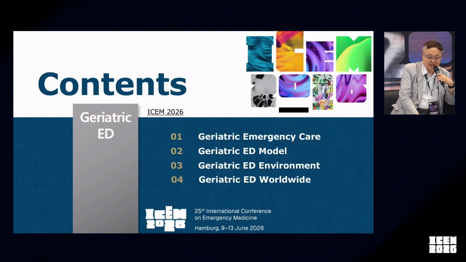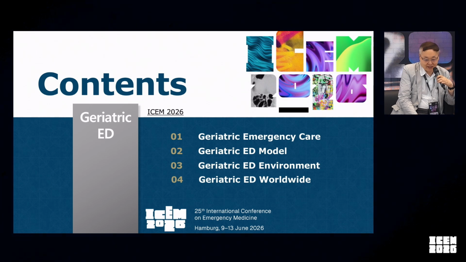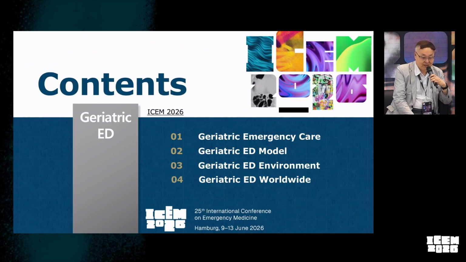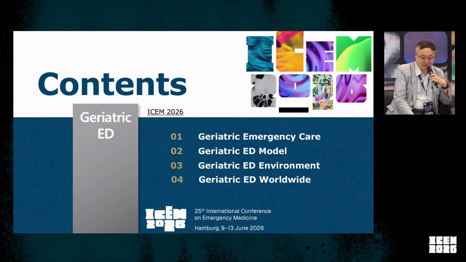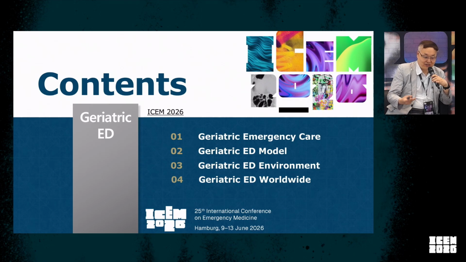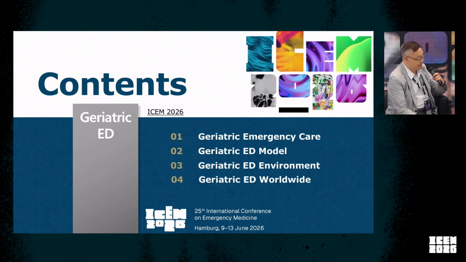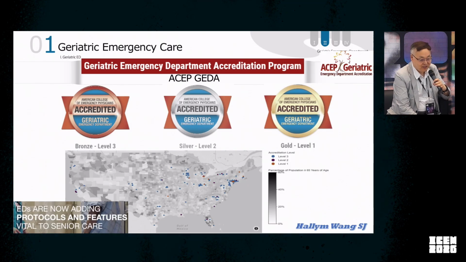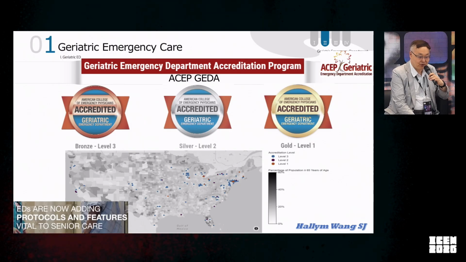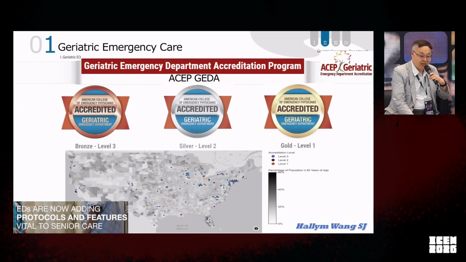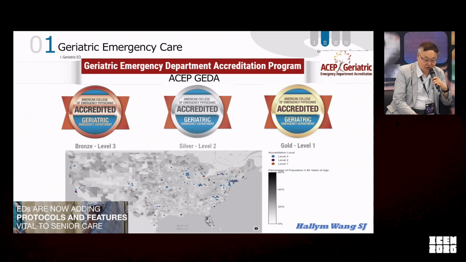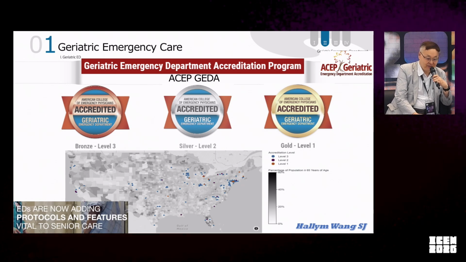My talk is like this. First, geriatric emergency care shortly, and the most important thing is the geriatric ED model, and then geriatric ED environments, and how about the samples worldwide? Maybe as you know, for geriatric emergency care quality, ICEM made JEDA, the Geriatric Emergency Department accreditation program.